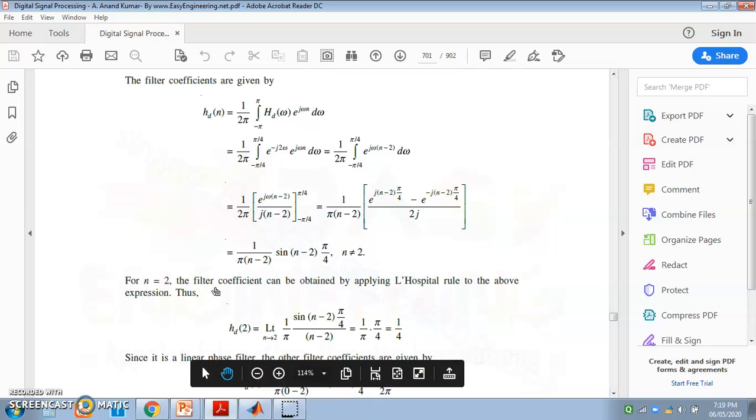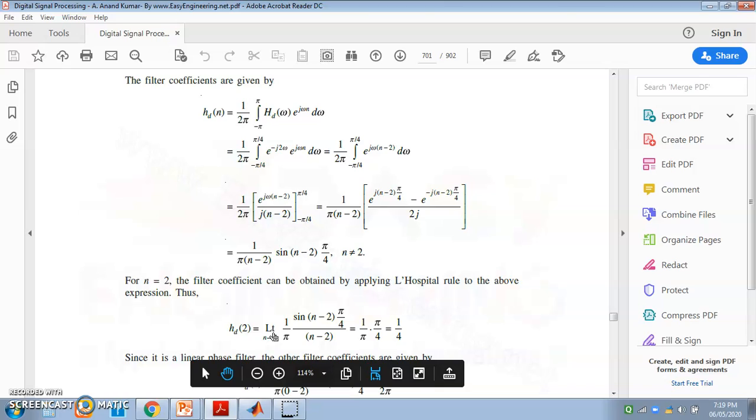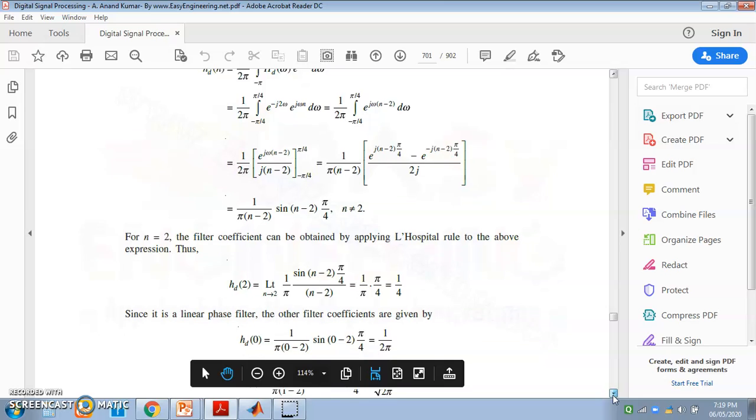For n equal to 2, the filter coefficient can be obtained by applying L'Hospital's rule, h_d(α) = limit as n tends to 2 of 1/π times sin((n-2)π/4)/(n-2). This gives the highest amplitude of the impulse response at n equal to α.